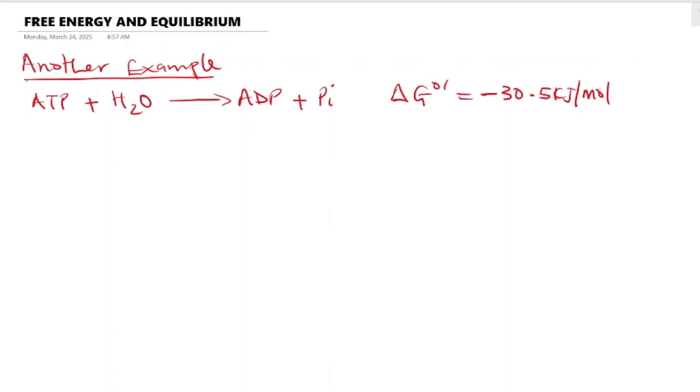This is a highly exergonic reaction. It is highly thermodynamically favorable. This reaction wants to take place and it wants to move forward. What this means is that you have some 30,500 joules of free energy that you can use to do some kind of work.